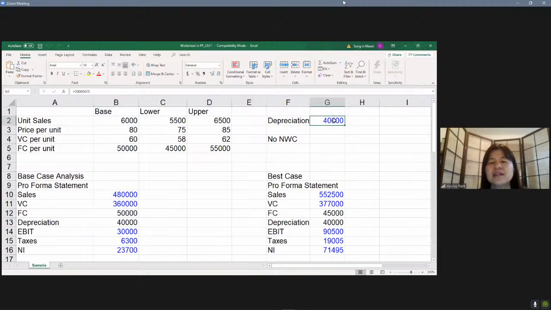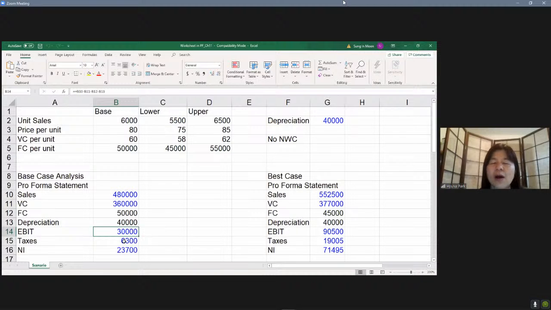Again, the depreciation is from the 200,000 initial cost and 5 years straight line depreciation, so 40,000 depreciation, and you can calculate EBIT by subtracting variable cost and fixed cost and depreciation from the sales revenue, and calculate tax. How?